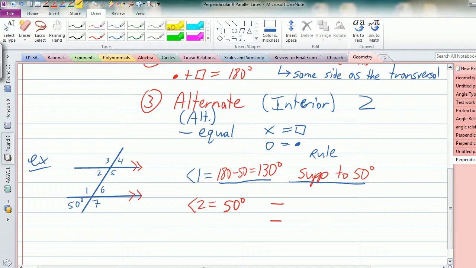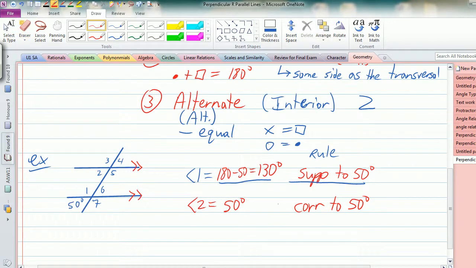Well, let's see what letter this is. F. Which rule makes the letter F? Corresponding. So we can say that angle 2 is corresponding to 50 degrees, which makes them the same.